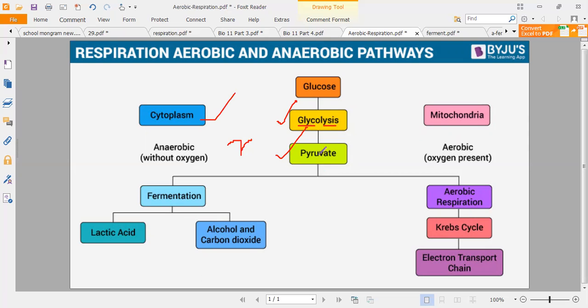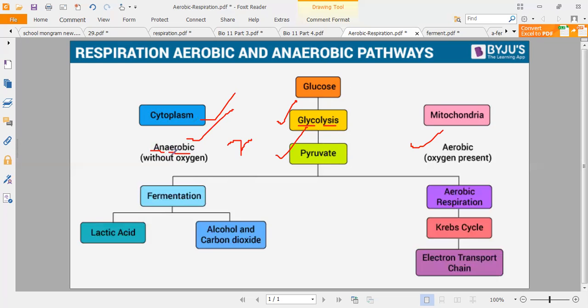This is not oxidative because oxidation is not utilized here. If oxygen is present, we will go through aerobic respiration. If oxygen is not available, we go to anaerobic respiration. An means without, aerobic means oxygen.